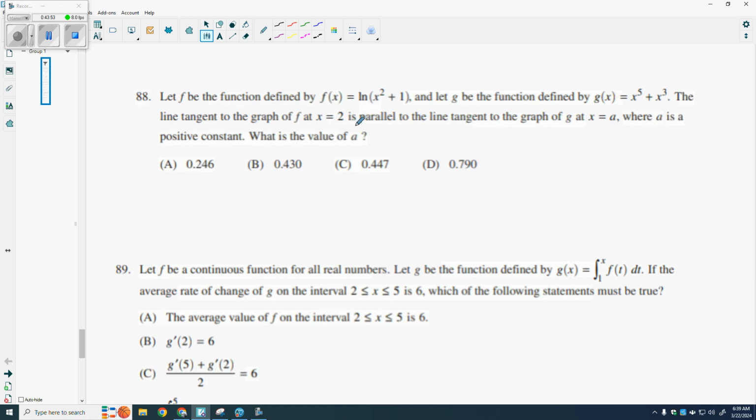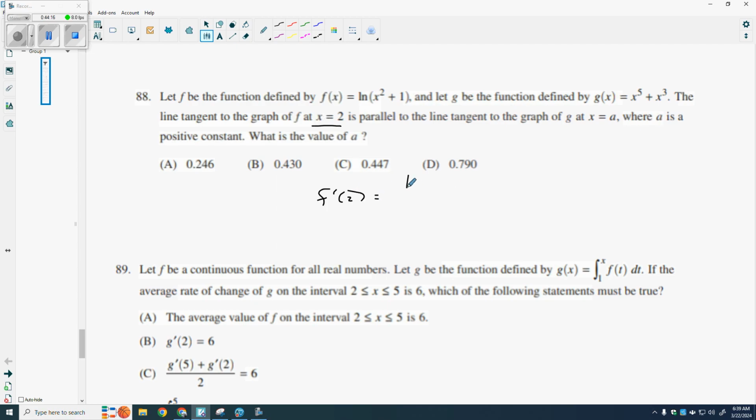And I want to find out what the slope is at 2 and set it equal to G's and find that value. I think I said it wrong the first time. I want to know the slope of the line tangent at x equals 2. So what is F prime of 2? That's my first step.